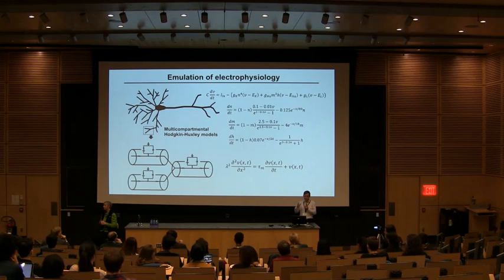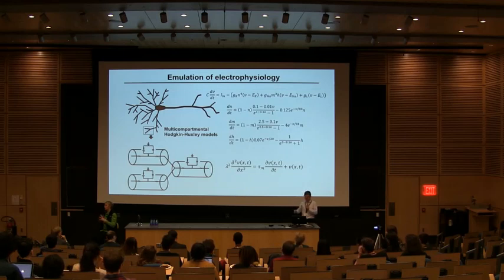And it operates by breaking up the dendritic tree into these segments that you can see up here. And these segments serve as different compartments in which the diffusion of voltage difference across the dendritic tree can be tracked. And so in this way, it's anatomically based, and it very realistically can simulate the electrical activity of neurons.